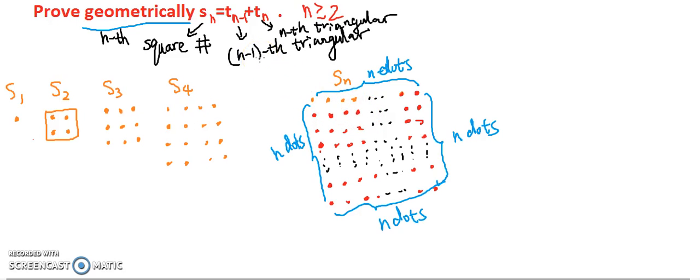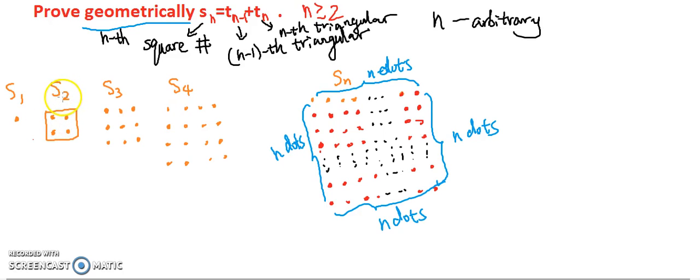The general case is the one we want to prove for any n. This n represents an arbitrary number, so you cannot just prove for n equal to 2 or n equals 3. You have to prove for the general case. But we can get a pattern from the special cases.